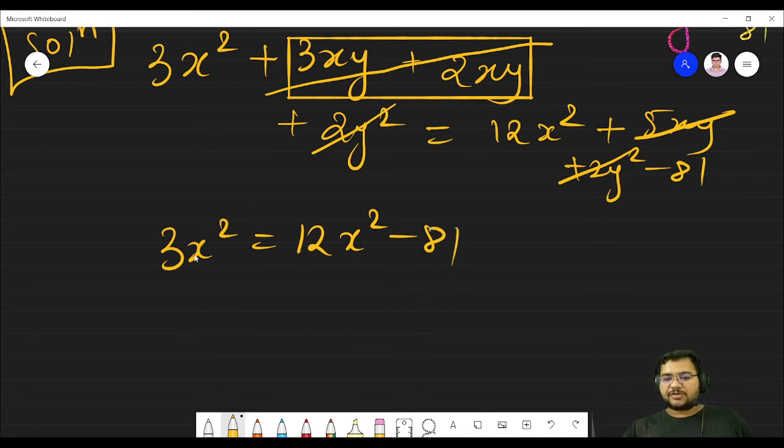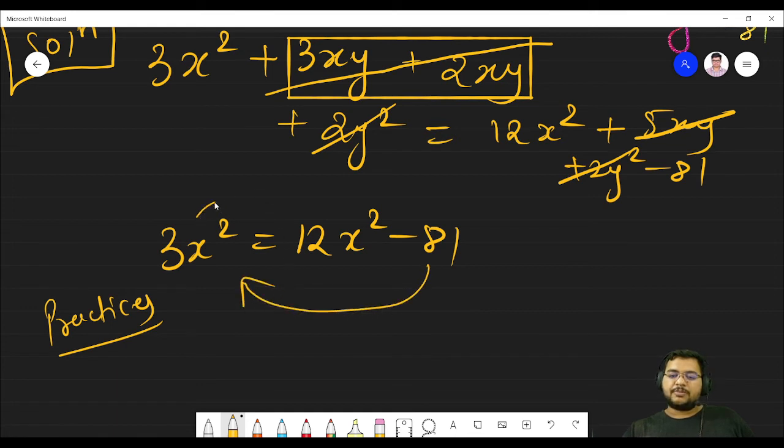Now there are different practices, which means anyhow you can solve this question. You can bring this 81 here and you can bring this 3x square here, or the other method, you can bring this 12x square here and then solve.